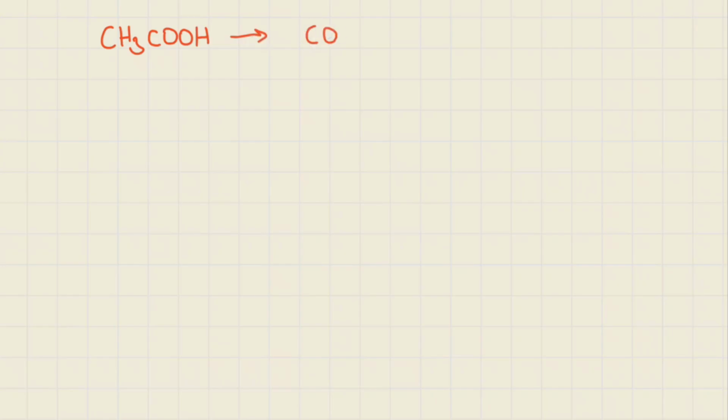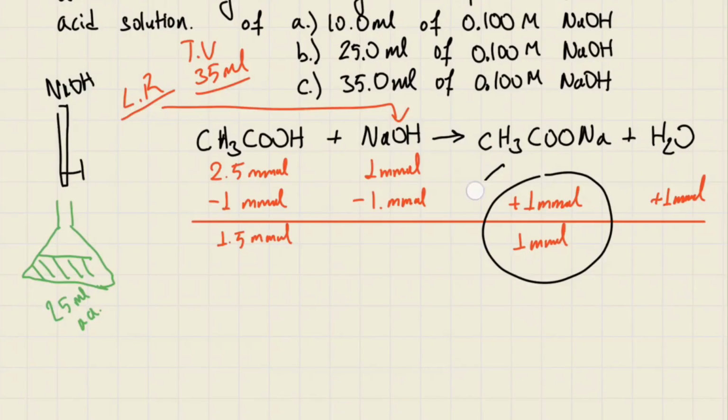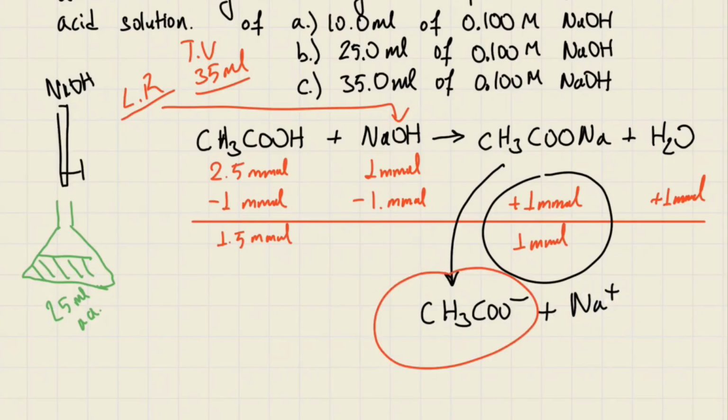So we still have acetic acid in the solution, which will ionize and create acetate and hydrogen plus, right? So we have 1.5 millimoles of acetic acid and 1.0 millimole of acetate, and the acetate is just coming from here. This will be ionized as CH3COO minus plus sodium plus, so we will have acetate at the end.